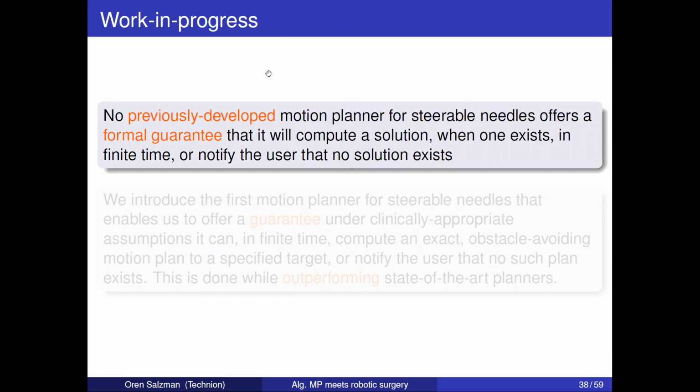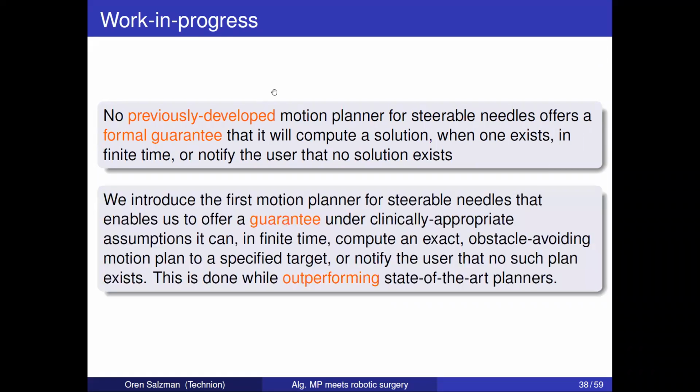As far as we were aware, there was no previously developed planner for these types of systems that offers any formal guarantee on the quality of the solution, if a solution exists, or that is able to report that no solution exists.